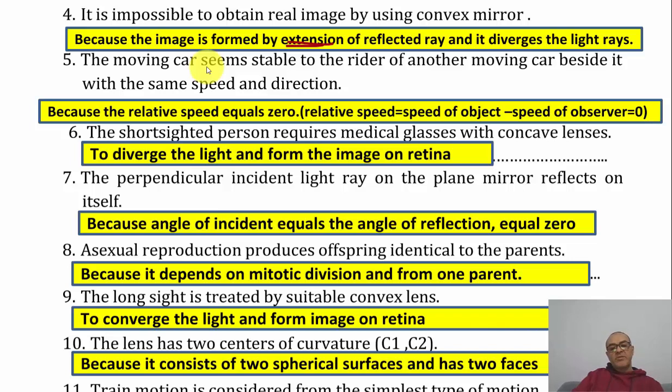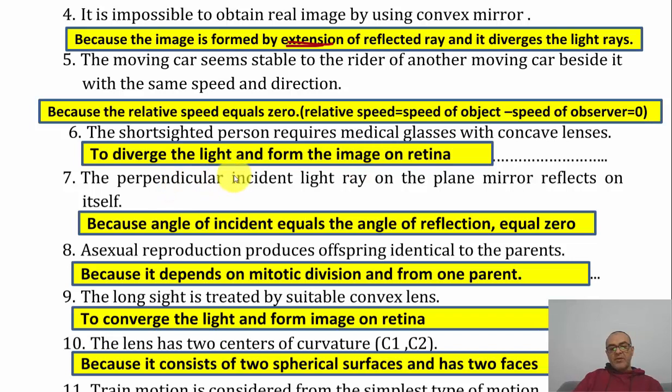The moving car seems stable to the rider and another moving car beside it because the relative speed equals zero. Relative speed equals the speed of the object minus the speed of the observer, which equals zero. The short-sighted person requires medical glasses with a concave lens because it diverges the light to form an image on the retina.